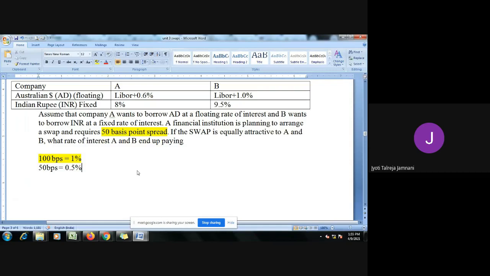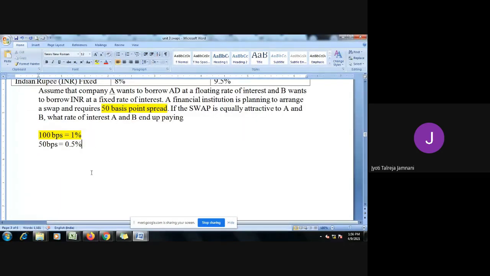So the only thing is you have to remember this rule. For every 100 basis points, it is exactly equal to 1%. Okay, now that you have understood, we'll solve the sum in the normal way. Solution. First thing what I have to do, can anybody tell me?